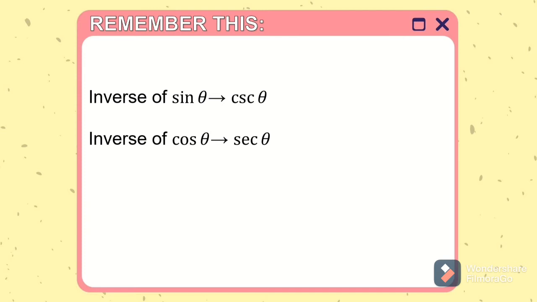So that will be 1 over cosine theta, or since our cosine is equal to adjacent over hypotenuse, for secant theta, that will be hypotenuse over adjacent. Last one is the inverse of tangent theta, which is the cotangent theta. So that will be cotangent theta is equal to 1 over tangent theta, or since our tangent is equal to opposite over adjacent, then our cotangent will be adjacent over opposite.